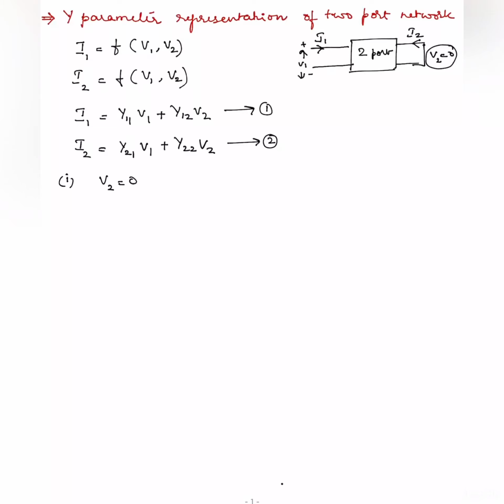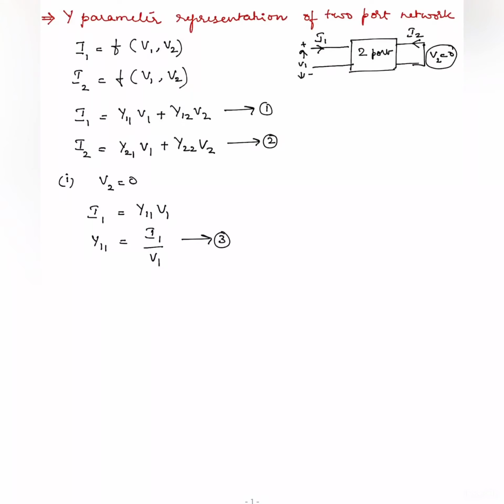Now if V2 is equal to 0, what do we get from equation number 1? Substituting V2 equal to 0 in equation 1, you get I1 equal to Y11 V1. From this, Y11 is I1 by V1. I'll take this as equation 3.